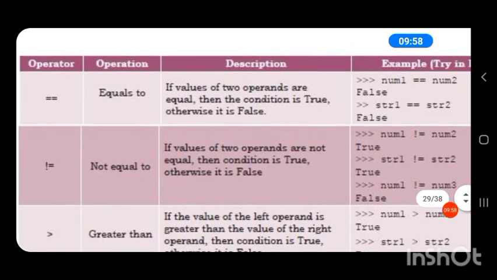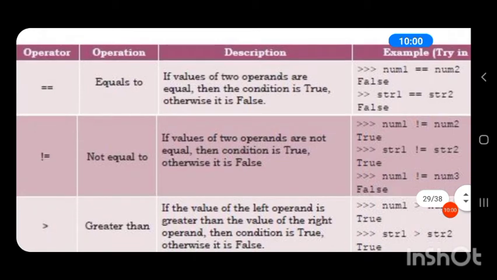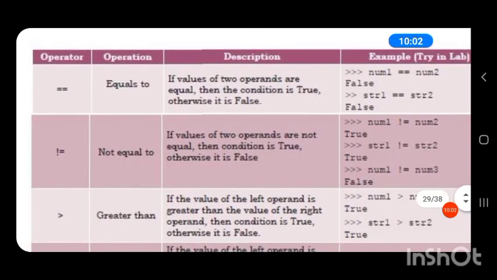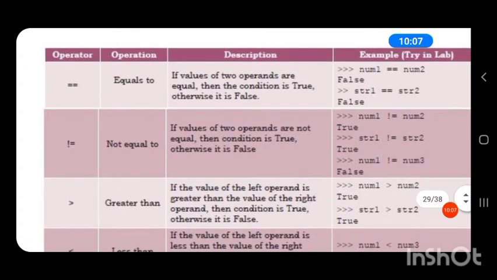If values of two operands are equal, then the condition is true. Otherwise, it is false. So what the relational operator tells is either it is true or false.